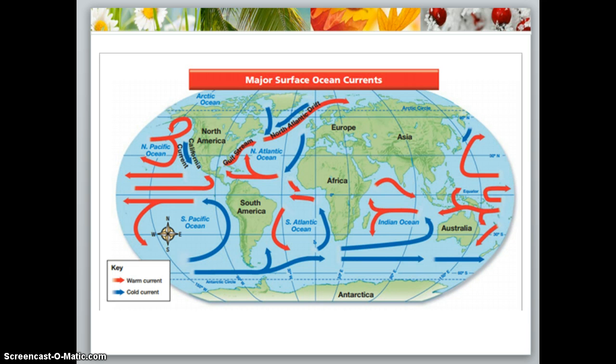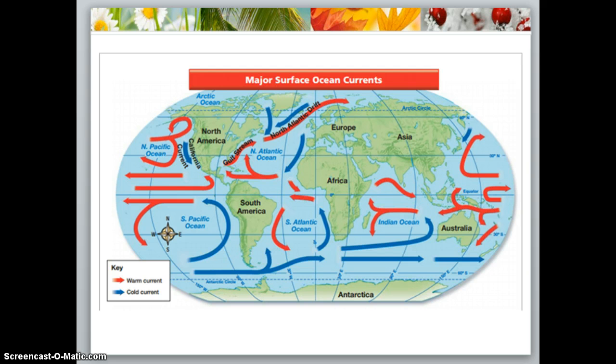Now, we talked about ocean currents also affecting climate zones. What you're seeing here on the map is in red would be the warm currents and in blue would be the cool currents. And you can see that if the current is warm, an area will have a different type of climate.